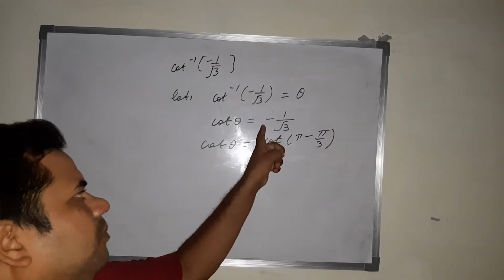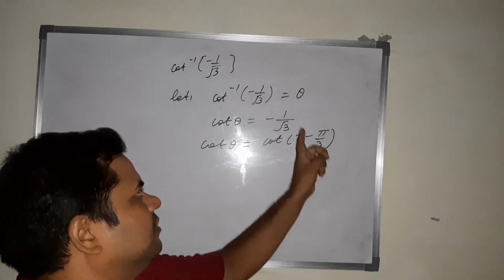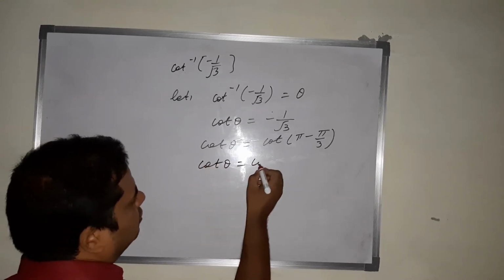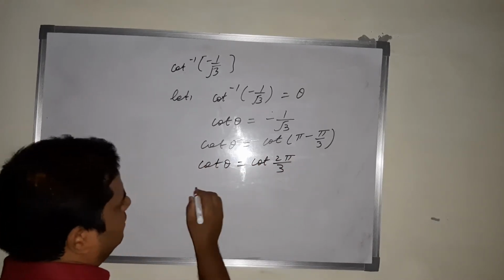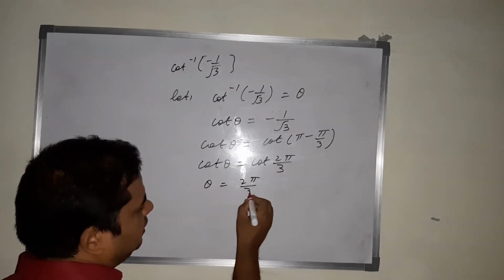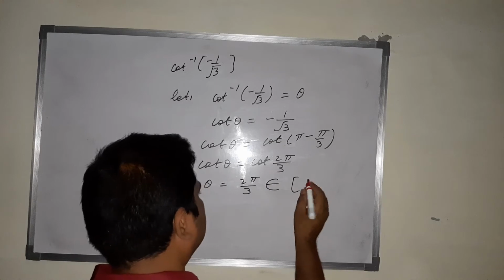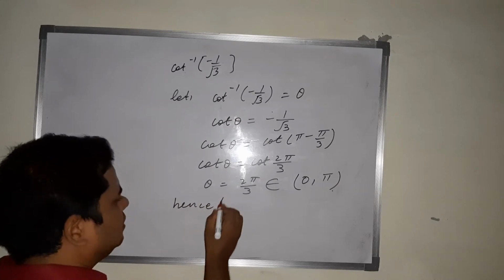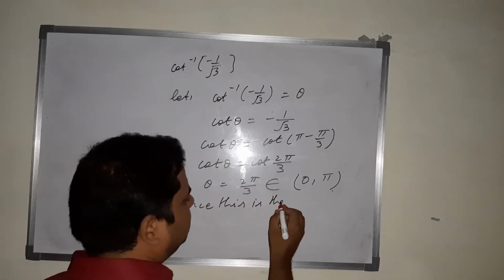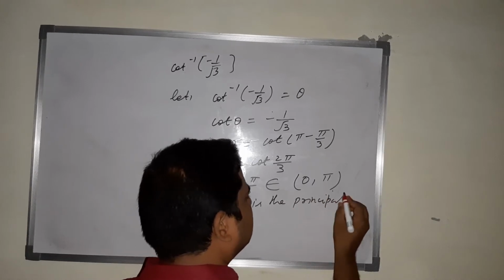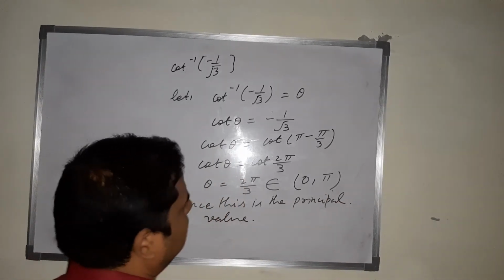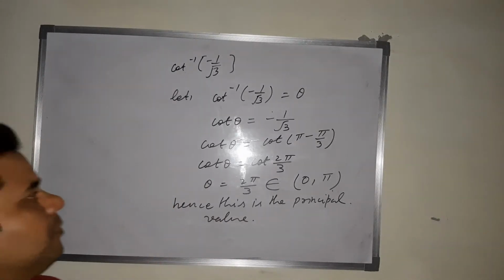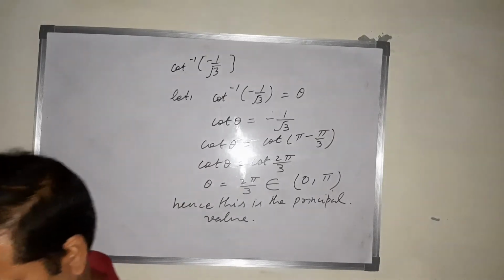This is minus cot pi by 3, and cot pi by 3, cot 60 value is 1 by root 3. So cot theta is equal to cot 2 pi by 3. So theta is equal to 2 pi by 3, and this belongs to the range of cot inverse, that is the open interval 0 to pi. Hence, this is the principal value. Okay? In the same manner, now we are going to start the properties of inverse trigonometric function.